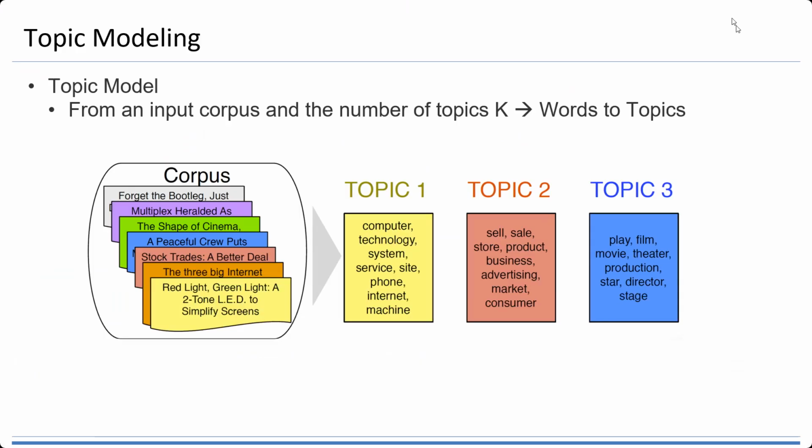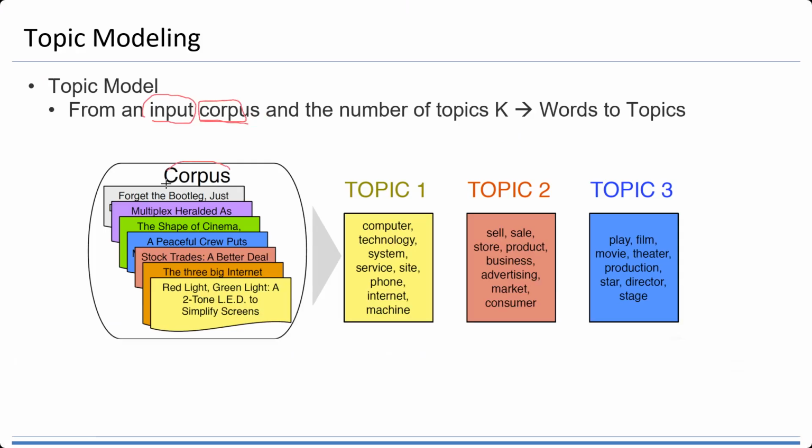So what is topic modeling, or what is a topic model? We have an input, and the terminology for the input is corpus. A corpus means a collection of documents, a collection of text, a collection of strings.